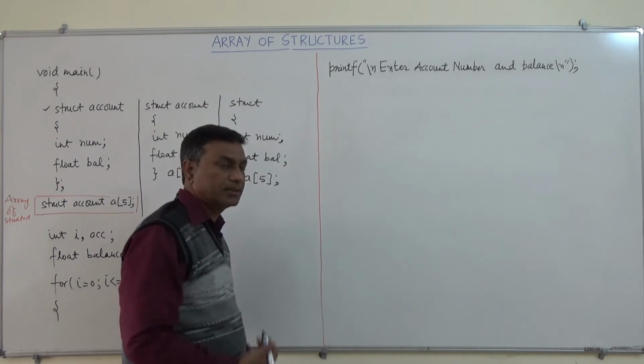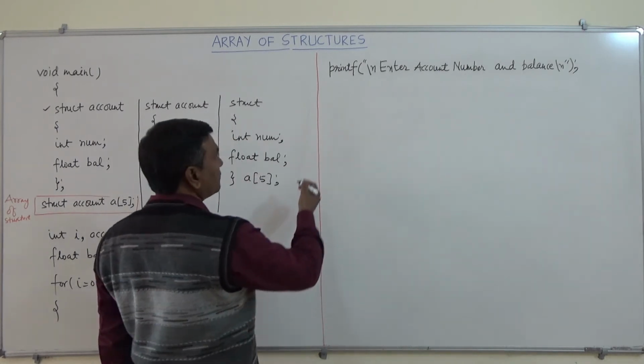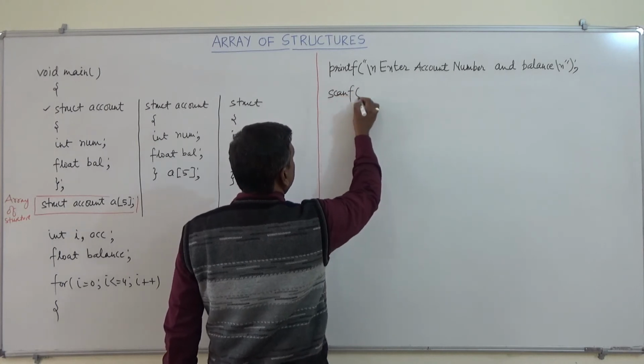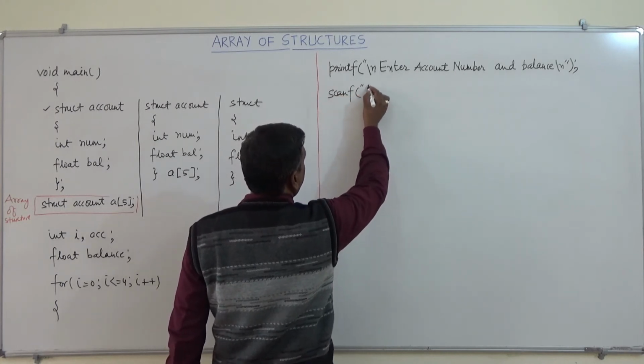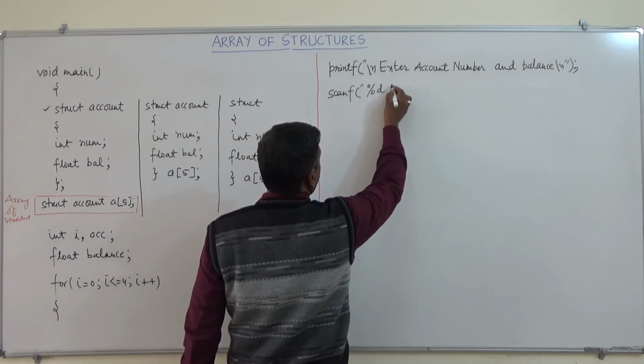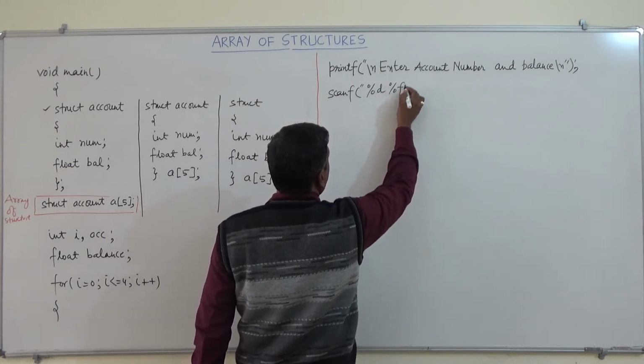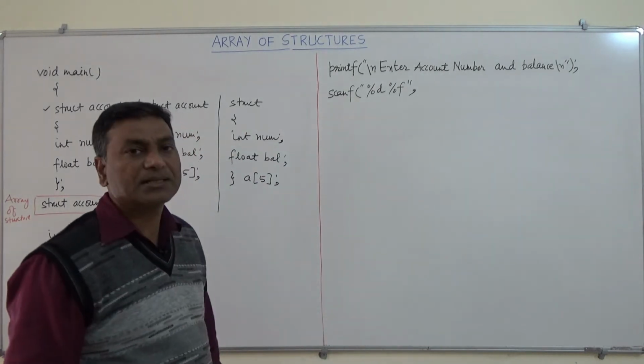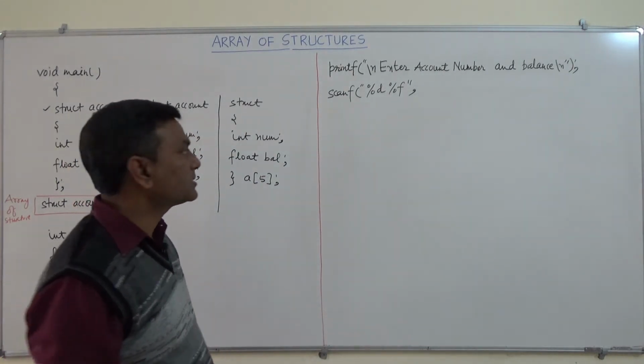We can give the values from the keyboard as usual. So we can use scanf, then %d and then %f. With the help of this we can enter the account number and balance.